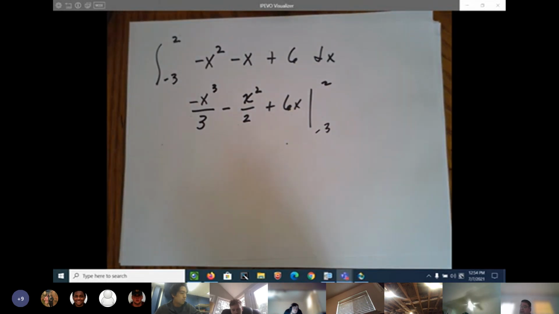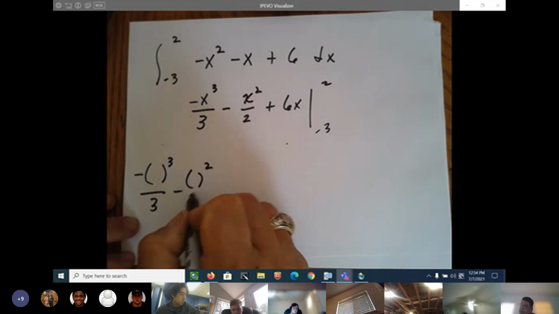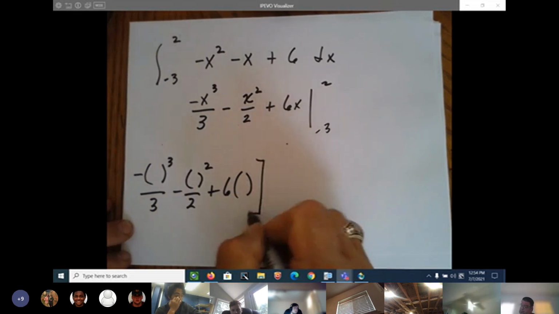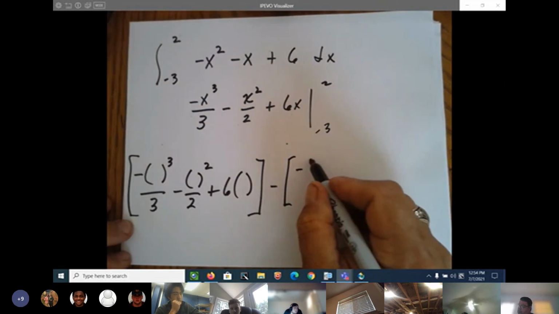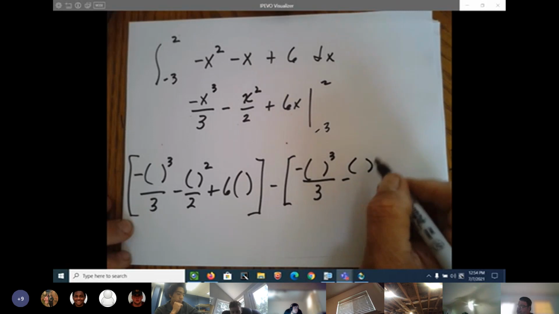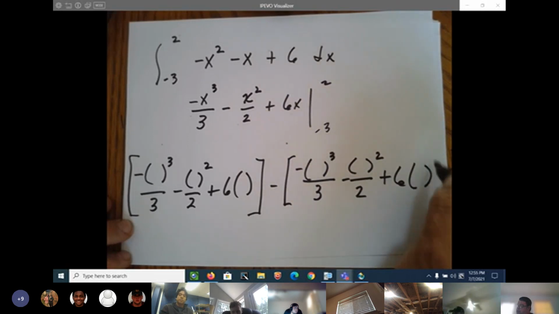So I've got to write negative parentheses cubed over 3 minus parentheses squared over 2 plus 6 times parentheses, minus negative parentheses cubed over 3 minus parentheses squared over 2 plus 6 times parentheses.